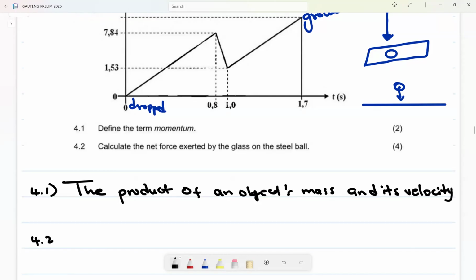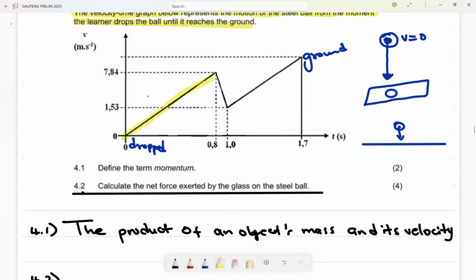Now 4.2: calculate the net force exerted by the glass on the steel. So let's interpret this. This is still in the motion. Remember, as we move downwards, the velocity increases because gravity is pulling the ball downwards. But this one is the collision.